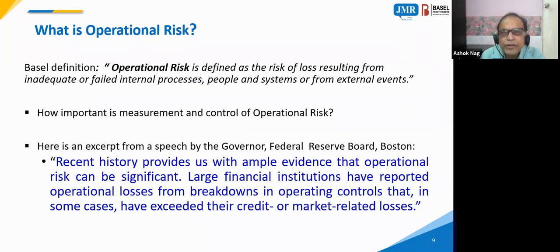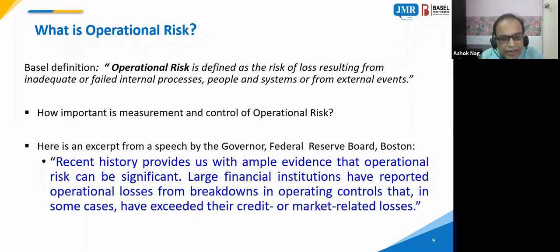Now, we are discussing operational risk because it has come to the radar of the regulators. If you look at the risk management practices across the world, which is now under the guidance of the BCBS Committee of Basel, there is an evolution of the risk management practices from the regulatory point of view.